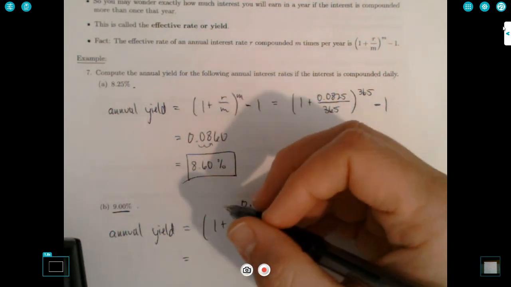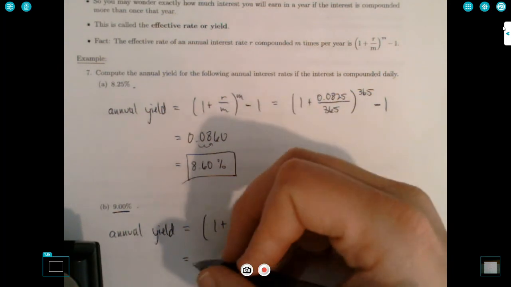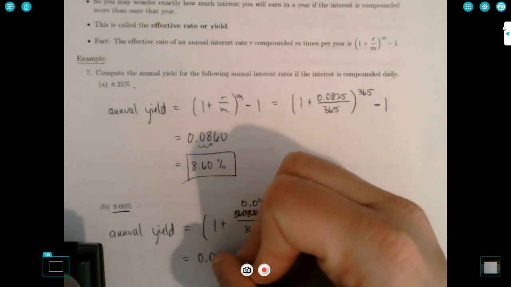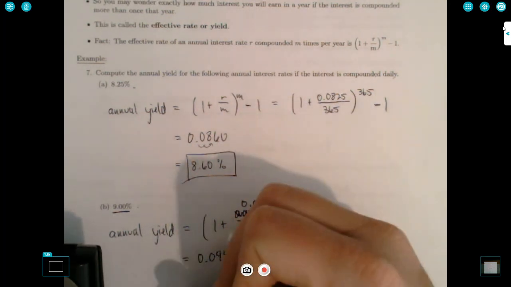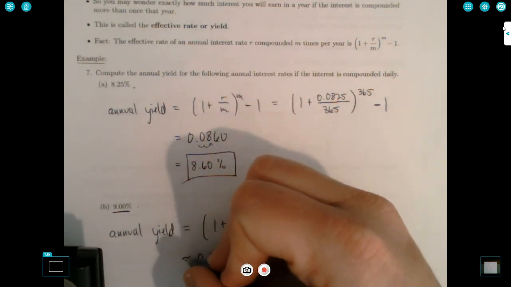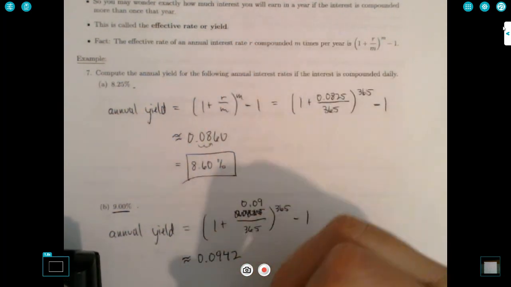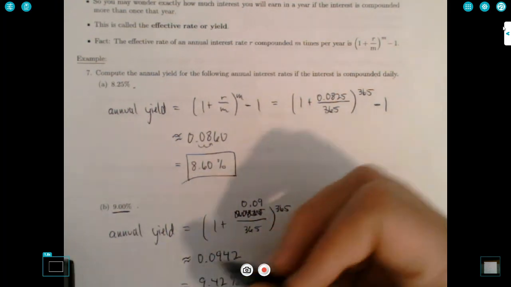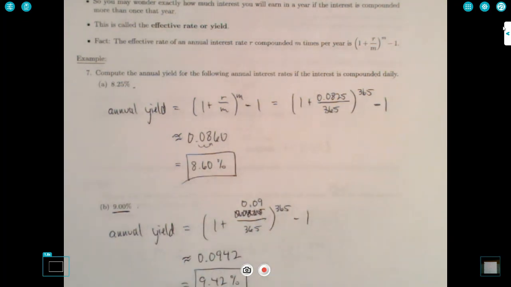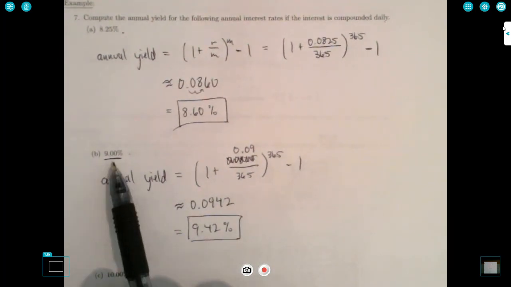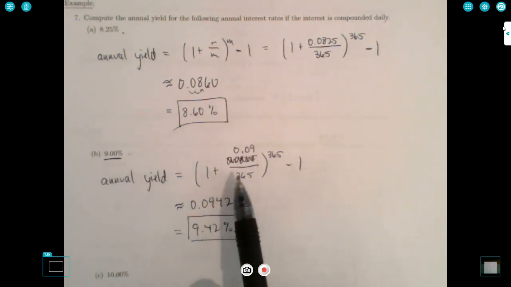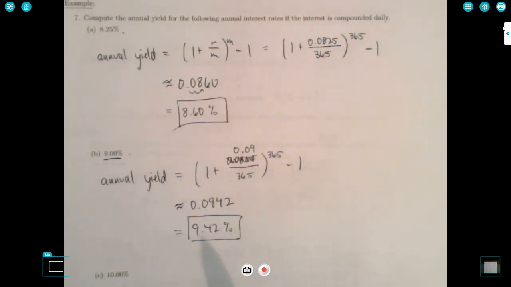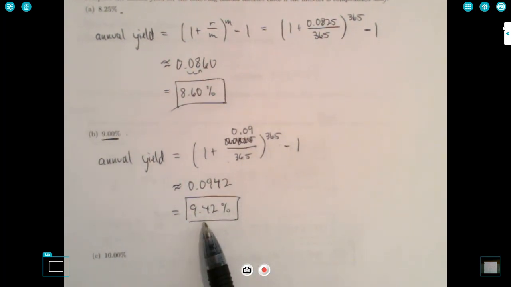Okay, and so I come up with approximately 0.0942. I should be saying this is approximate, right? But that's 9.42%. Okay, so again, if the annual interest rate is 9%, but your interest is compounded daily, then actually at the end of the year you're going to make 9.42% of the principal amount in interest. Okay.